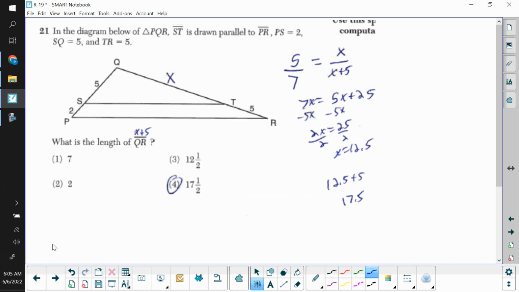We want to look for QT. So x should be over x plus 5, because that's small triangle to big triangle. And that should equal 5 over 7. When you cross multiply those, we get 7.5. Now, I saw that some people did it this way. They did x over 5 equals 5 over 2.